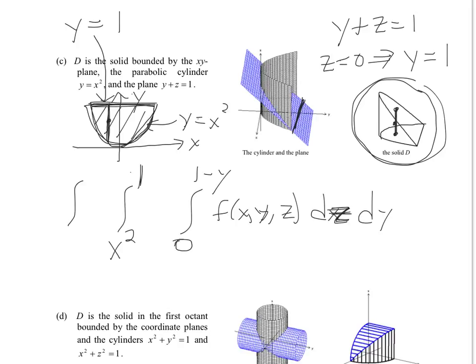And then, of course, the parabola y equals x squared and the horizontal line y equals 1 intersect each other at the points 1, 1 and negative 1, 1. And so clearly we want to collect up all such vertical line segments from x equals negative 1 to x equals positive 1. So that would be a very reasonable way of setting up this double integral, and as I say, there may be other options as well.